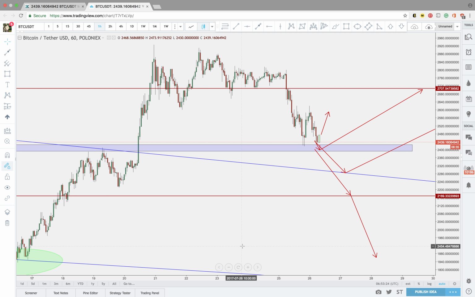I won't suggest you sell the Bitcoin right now, because as the price is on the support or resistance zone, it may come down, it may go up, until we see a reversal candlestick pattern.